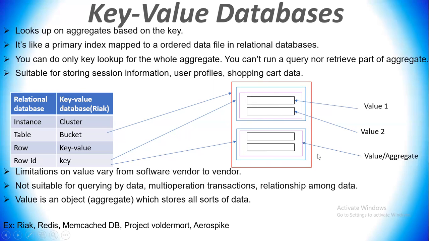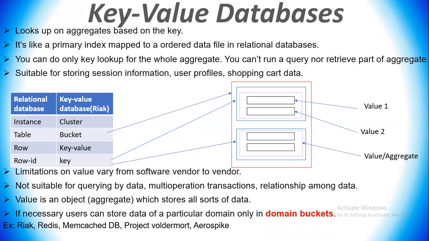The value is nothing but it can store any kind of data without a schema. In relational, you have a schema. Here, you don't have a schema. You can store anything. This is also a fact which depends on the particular database management system.